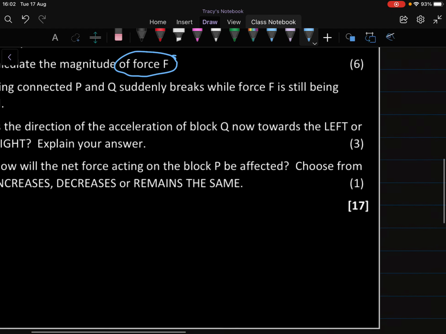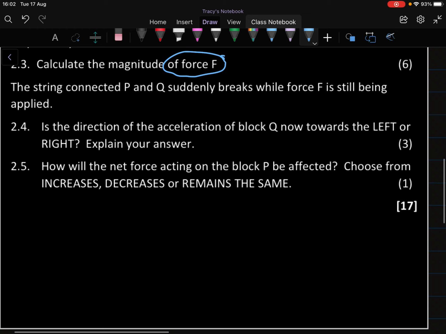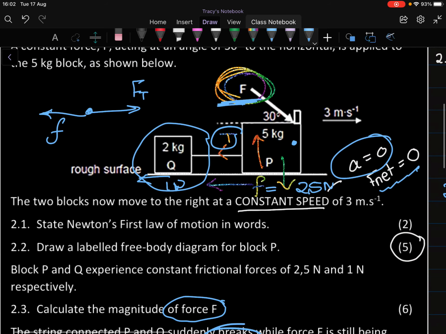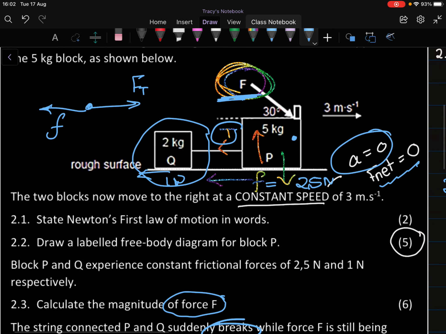Okay, so now they say the string connecting P and Q breaks while F is still being applied. So the force of F hasn't changed. Is the direction of the acceleration on block Q now towards the left or the right? So if we go back to Q, let's get rid of all of this, I'm taking this force away.